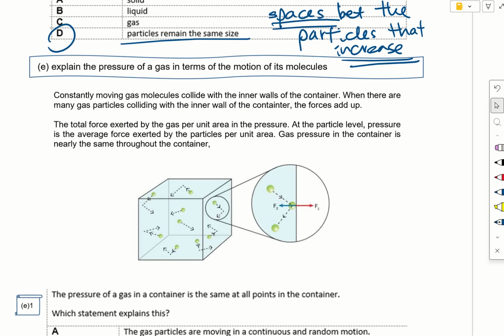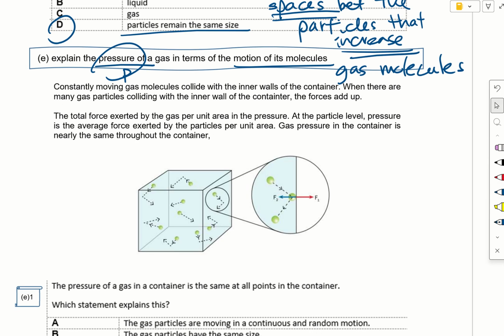Okay, success criteria E: explain the pressure of a gas in terms of the motion of its molecules. Now, you know that the gas molecules are constantly moving in random directions and they will collide with the inner walls of the container. When there are many gas particles colliding with the inner walls, the forces add up.